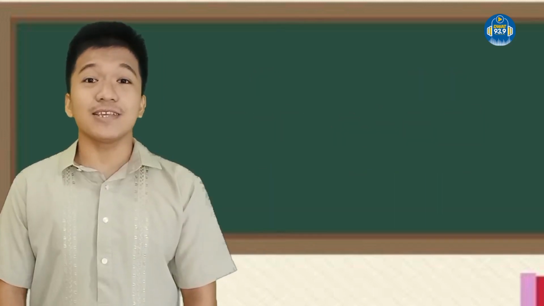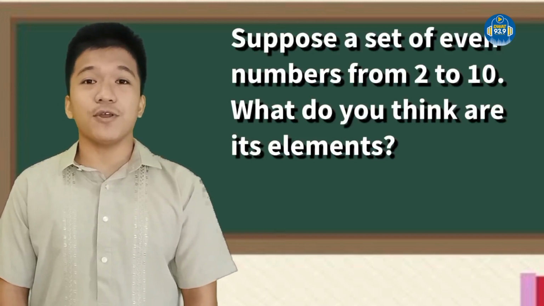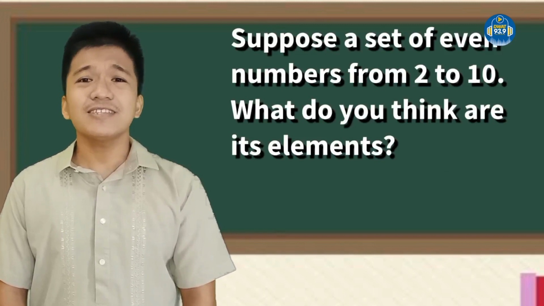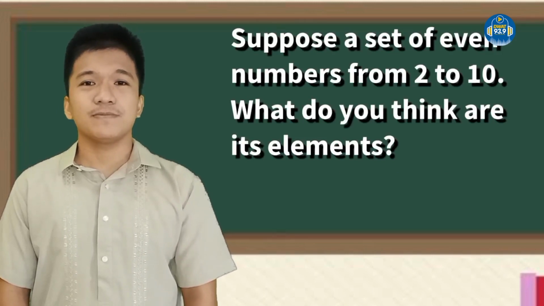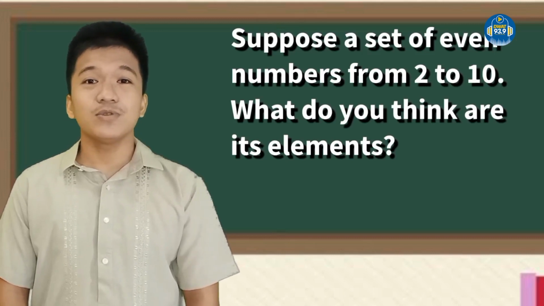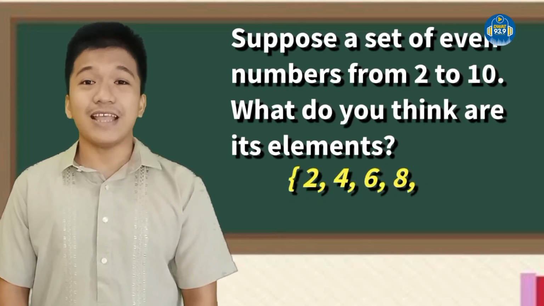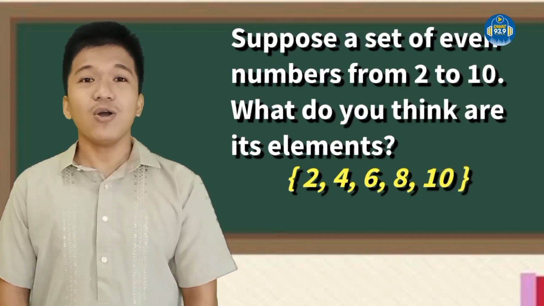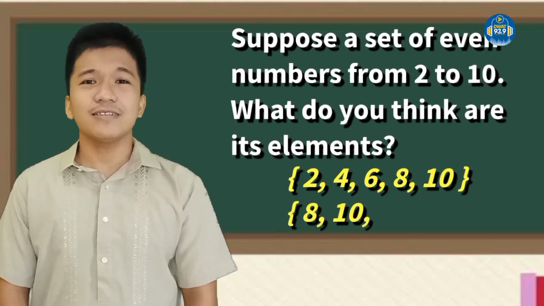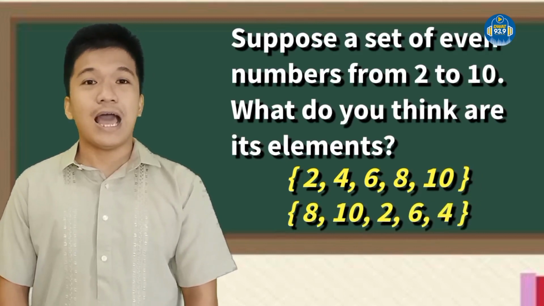Let's have another example. Suppose a set of even numbers from 2 to 10. What do you think are its elements? Correct. The elements are 2, 4, 6, 8, and 10. We can also have it in other order such as 8, 10, 2, 6, 4.